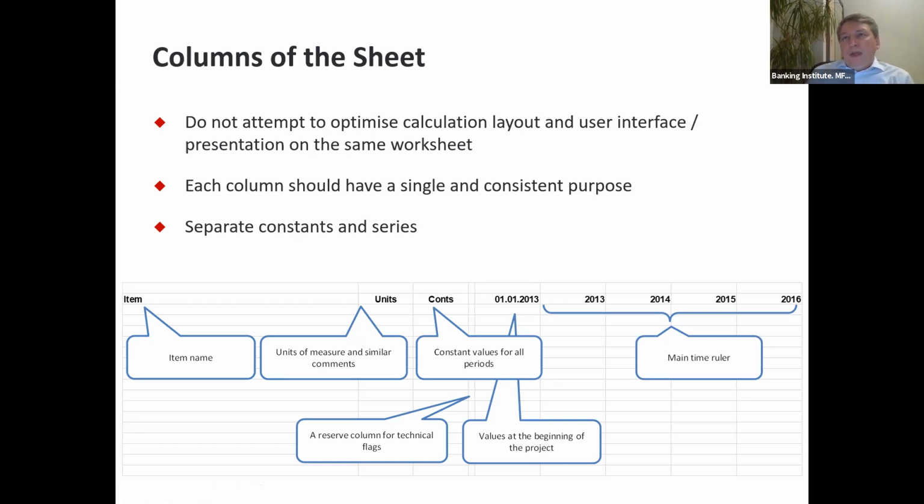Because imagine that you have a project that should be modeled quarterly, because in many cases this is the requirement from banks to show your financial model by quarters. And you have this project for 10 years. A 10-year project by quarters is 40 columns.